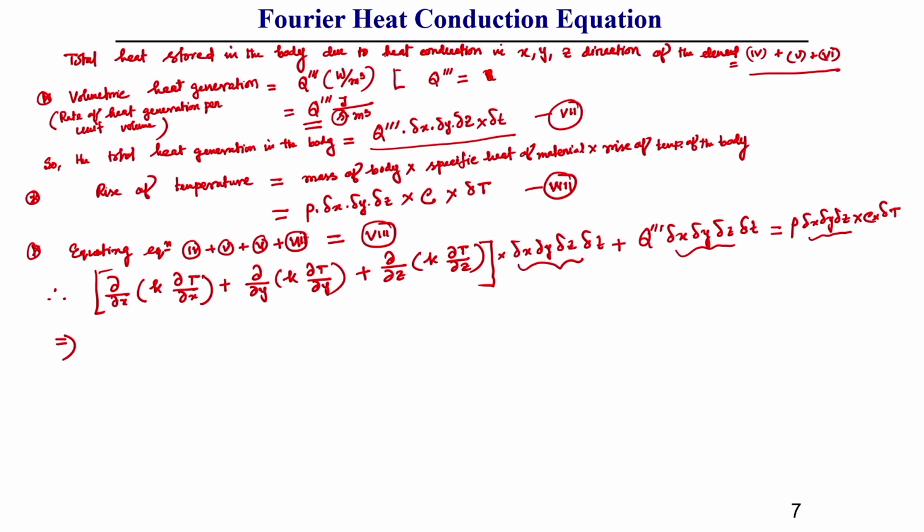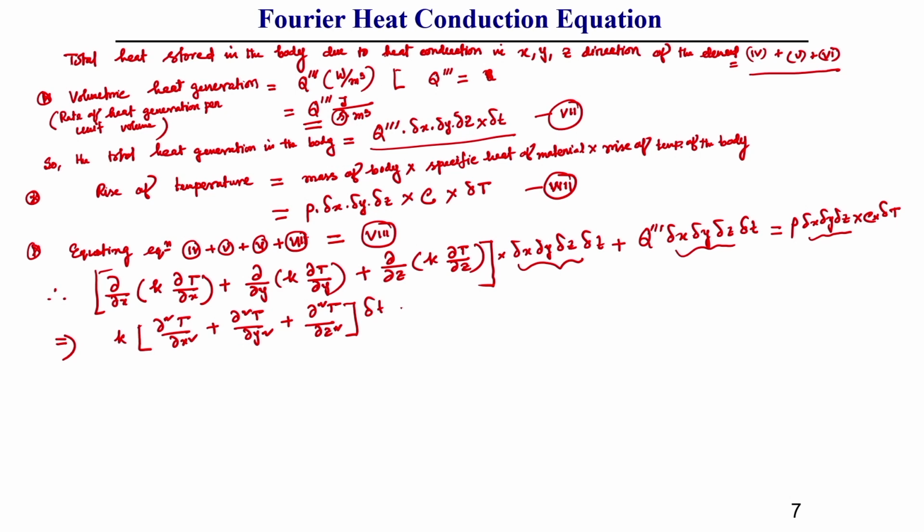So, I am taking k outside, because this k is constant in all three directions. So, you can write del 2 T by del x square plus del 2 T by del y square plus del 2 T by del z square, into delta t.